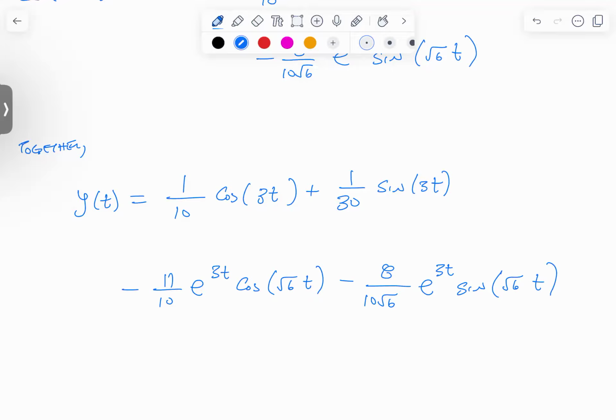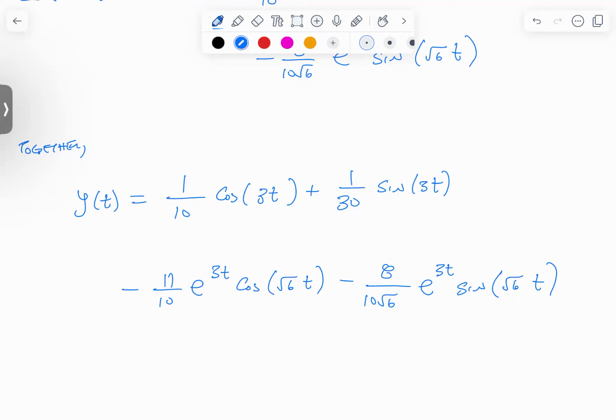And once again, this should look kind of familiar as well. E cosine, what kind of solution was that with our characteristic? When did you end up with e cosine and e sine? You have imaginary solutions to the characteristic equation. Oh, look, and there's the coefficients.